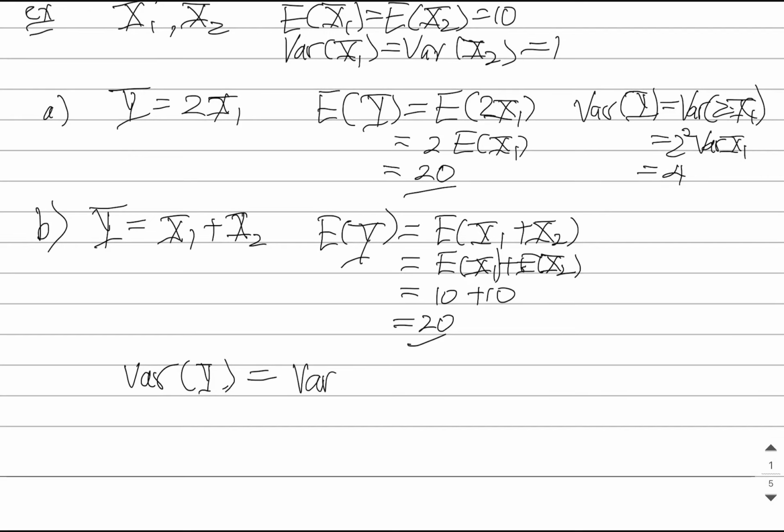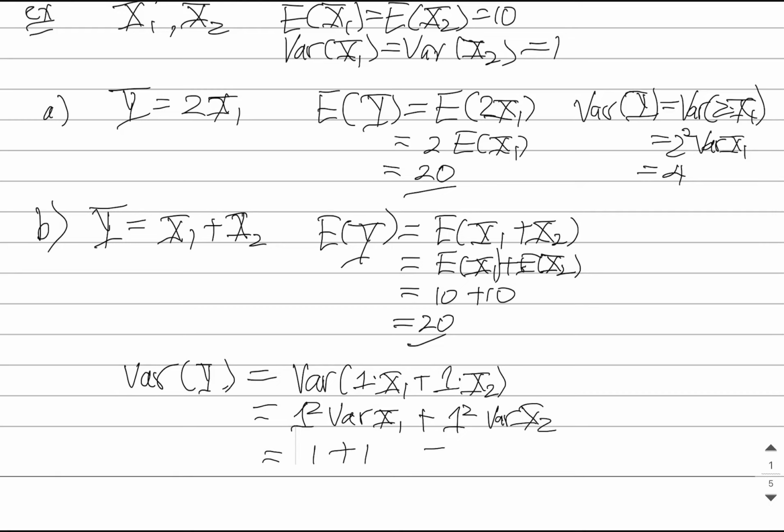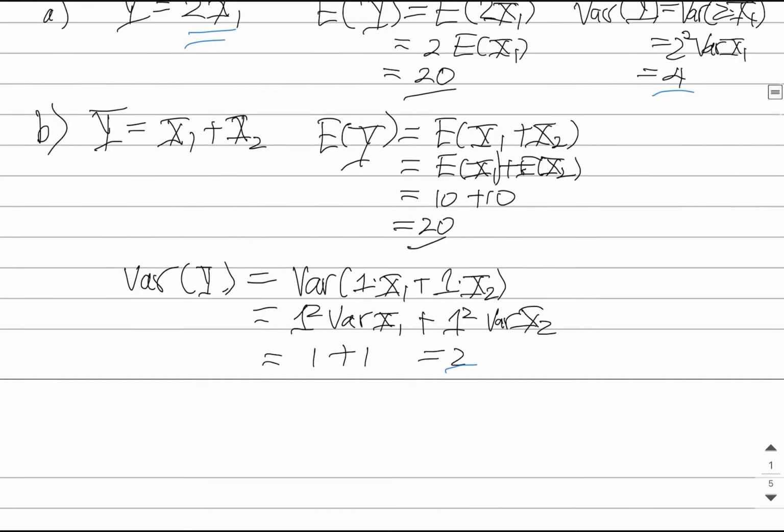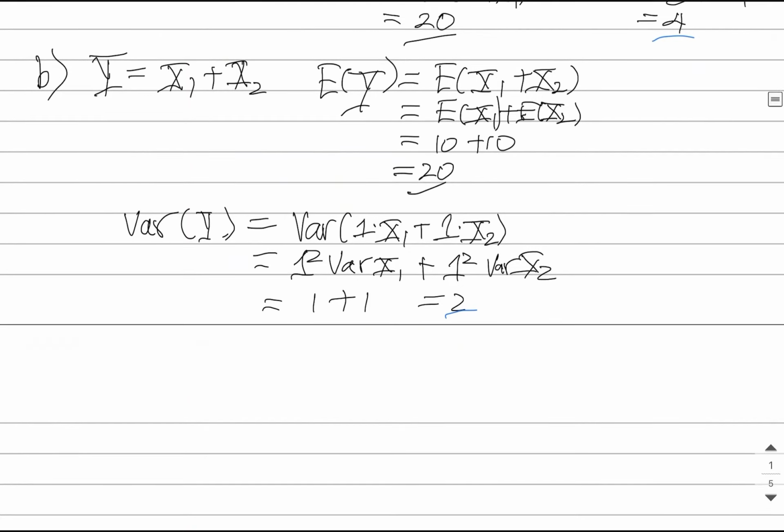And it will turn out that we are talking about the variance of one bunch of x1 plus another bunch of x2. And it's important to understand it in that sense because the variance cares very much about the weighting that gets used. So we'll end up getting 1 plus 1 is 2. So in comparison to the combination above where you simply double, the variance is less by adding. So if we add random variables rather than scaling them bigger than 1, we get reduced variability in comparison.